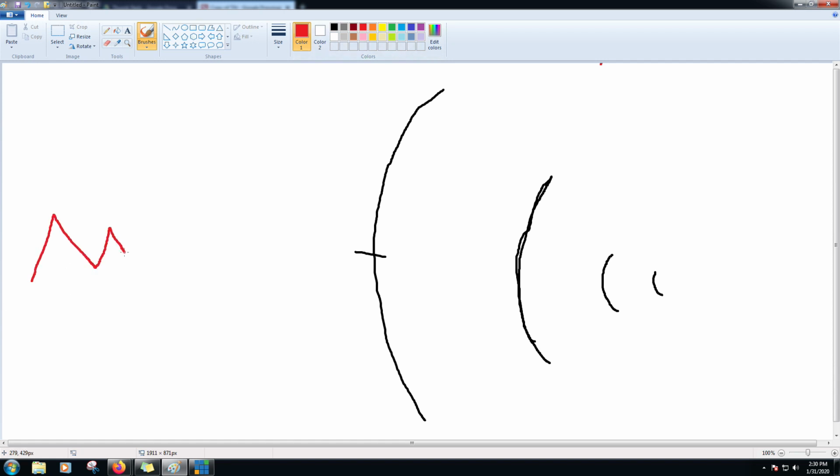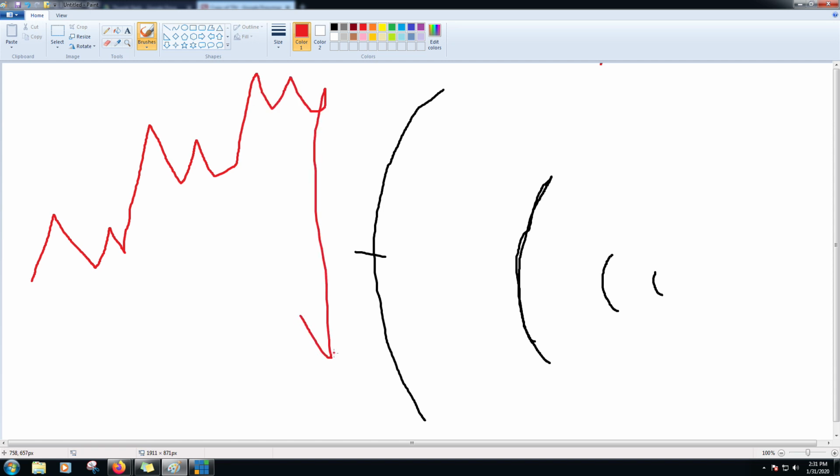You're going to have those moves I talked about, and then it's going to come up here and range trade here, and then it might come up and range trade here, and all of a sudden we come down here and start range trading here, and then we move down and we start. It's very difficult, okay?